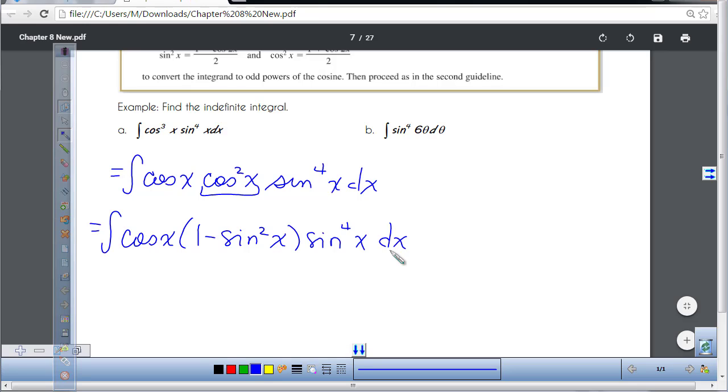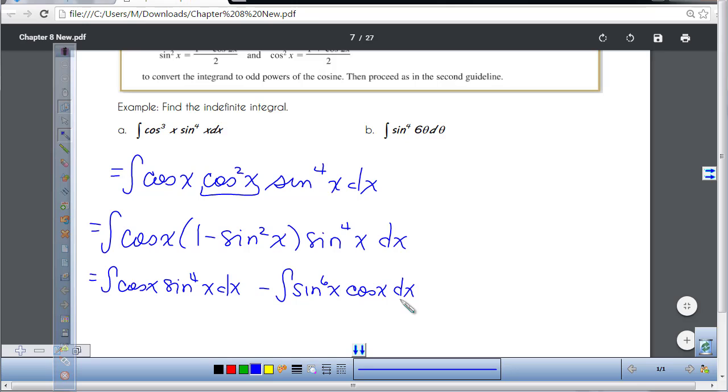Once I distribute everything across these parentheses, we end up with the integral of cosine x sine to the fourth x dx, minus the integral of sine to the sixth x times cosine x dx. And so I could let u be sine x, and then du is going to be what?